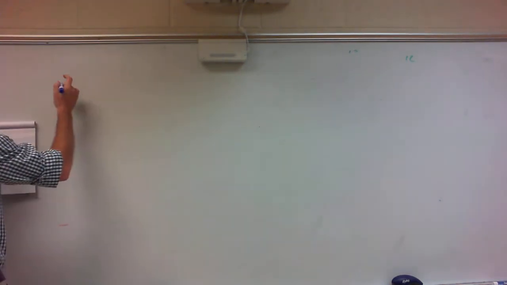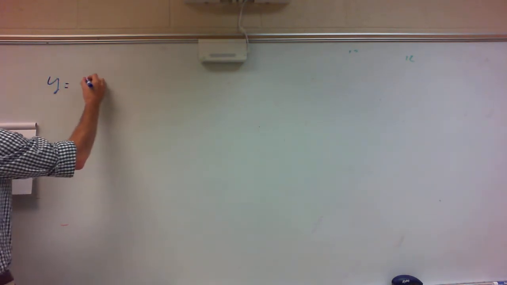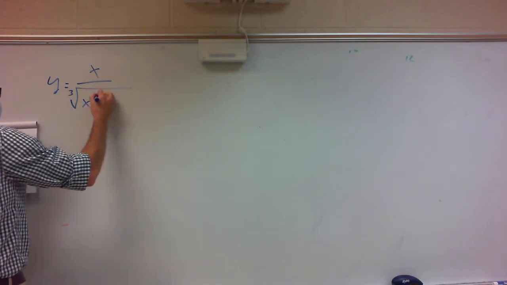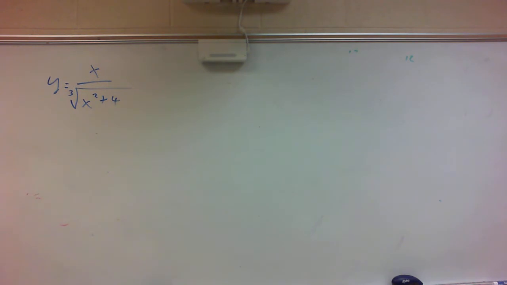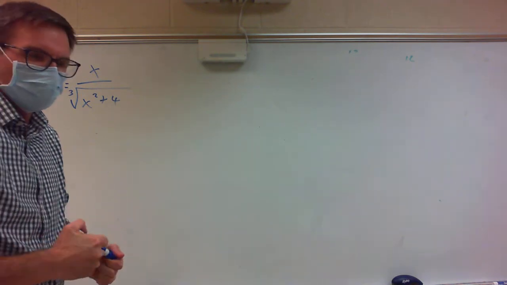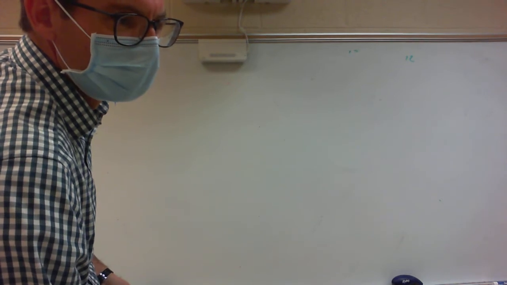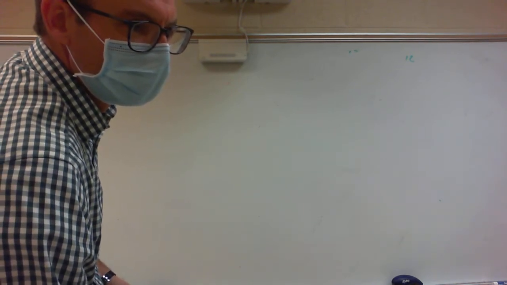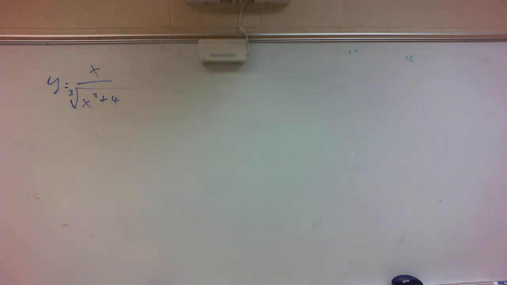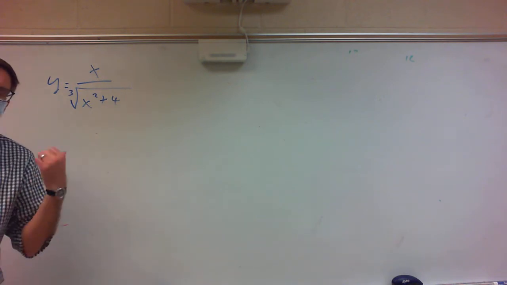So it's going to start off as x over the cube root of x squared plus 4. Okay, now, what do you see first?